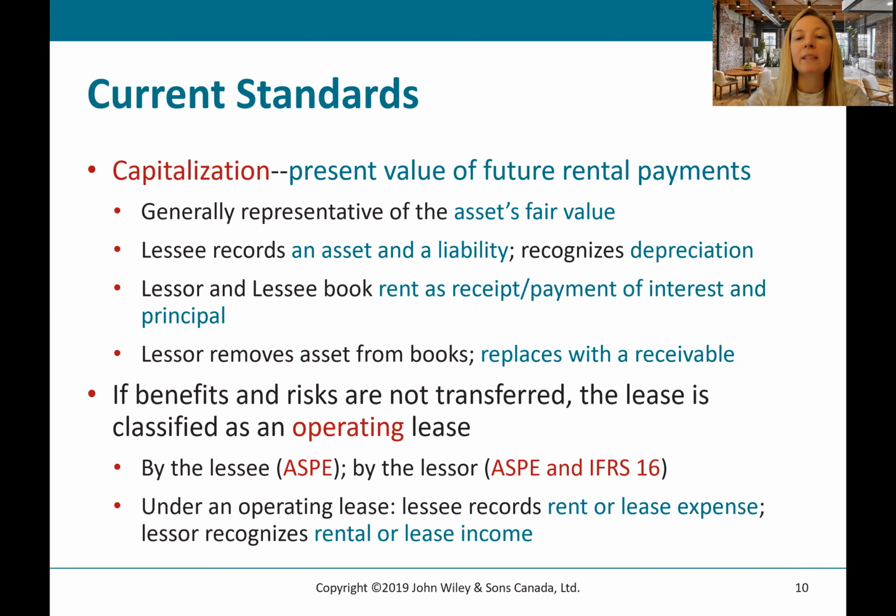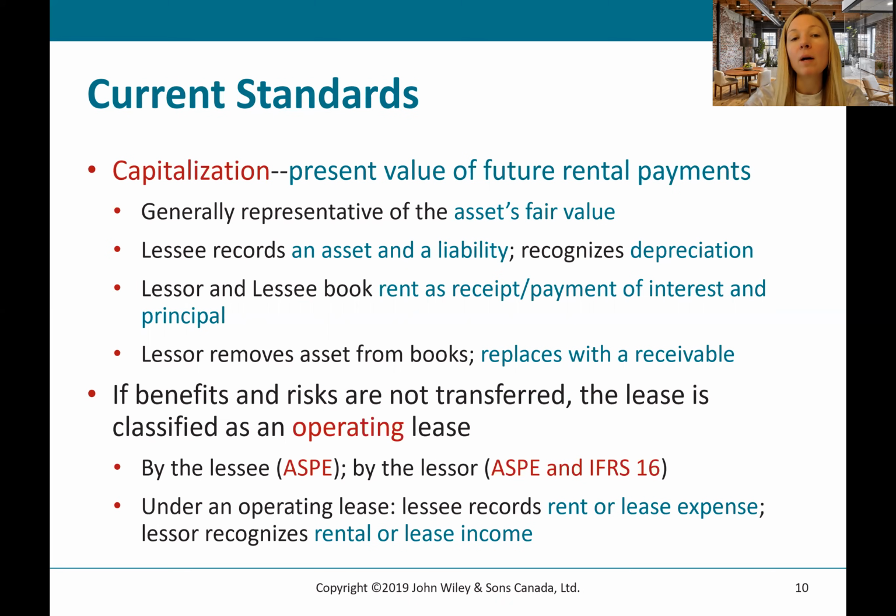The lessee records an asset and a liability and recognizes depreciation, assuming that we're talking about the contract-based approach or a capital lease. And the lessor and the lessee book rent as receipt or payment of interest and principal. And the lessor removes the asset from the books and replaces it with a receivable.